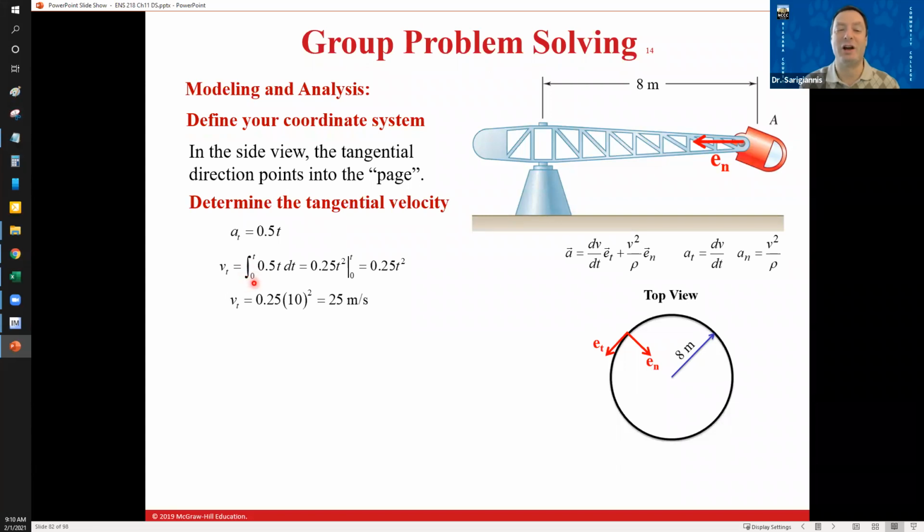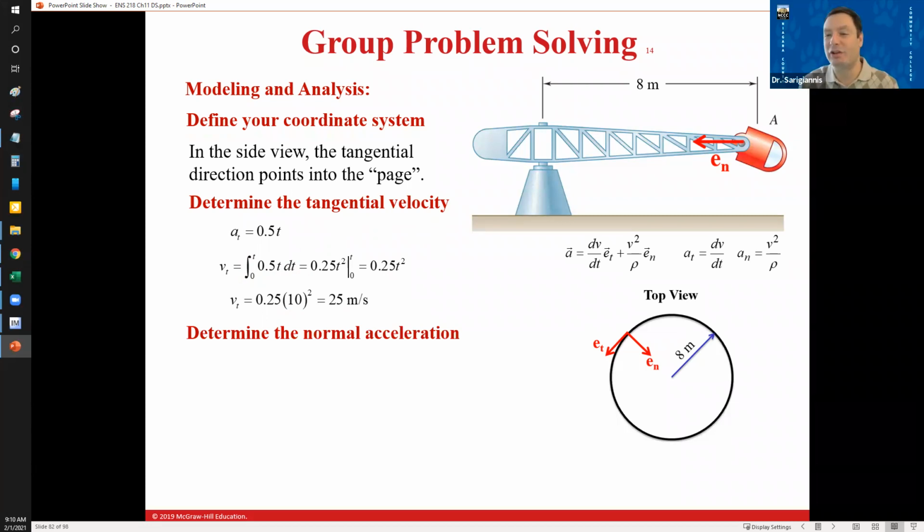And you're going to some time t. You integrate it, you get the function of velocity with respect to time. Again, tangential velocity, and that gives you 25 meters per second.